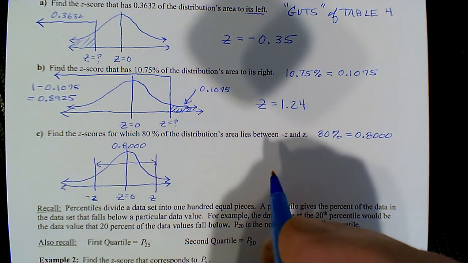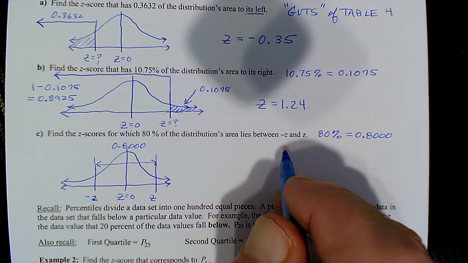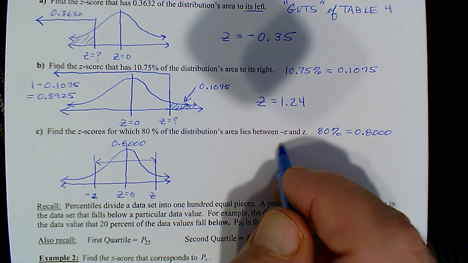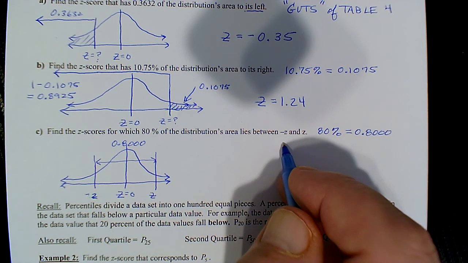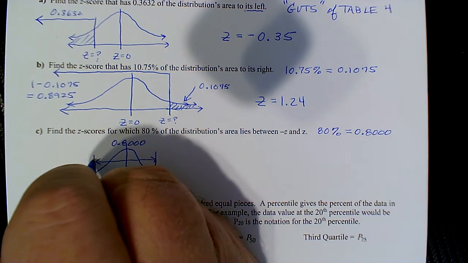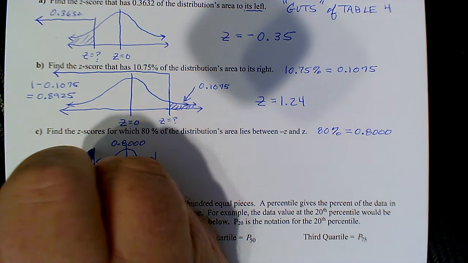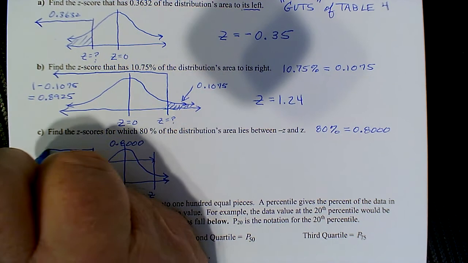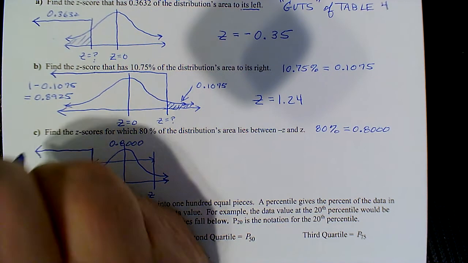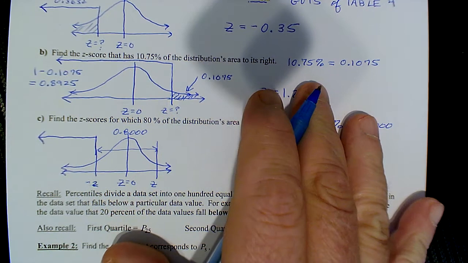So that means, let me mention this, when you're working with a situation like this, where you have symmetrical z-scores, it's easiest to work off of the left z-score, because the table gives us left cumulative areas. So I'm going to work off of that one.